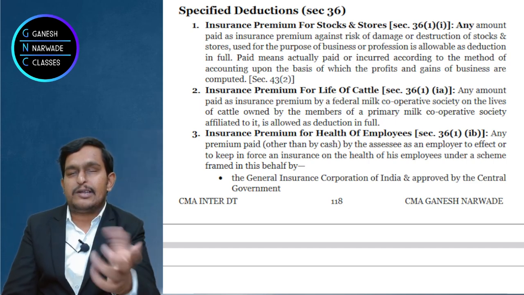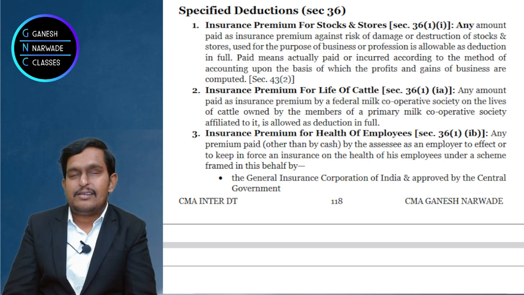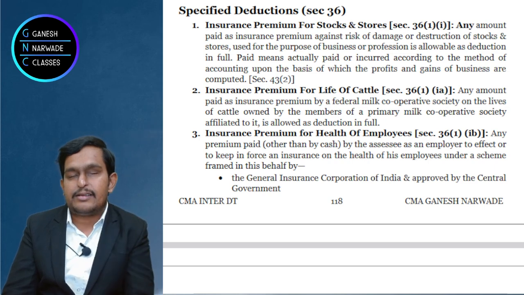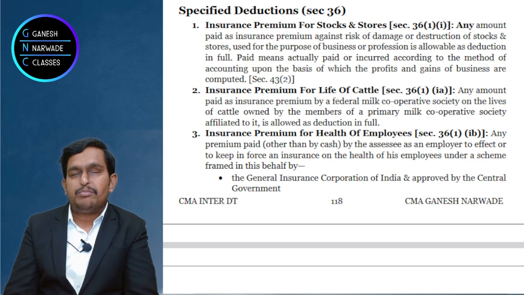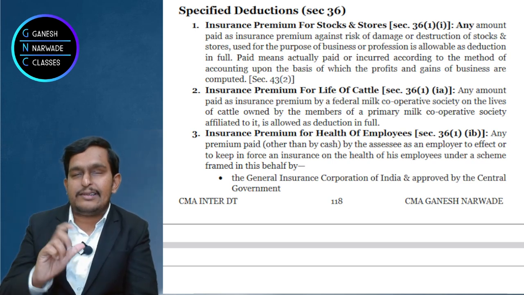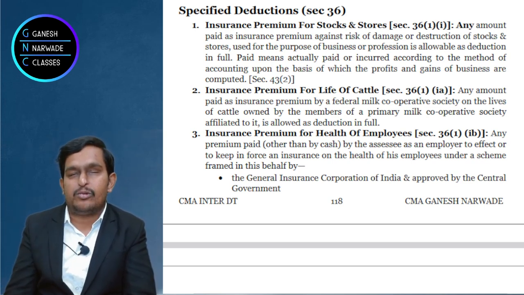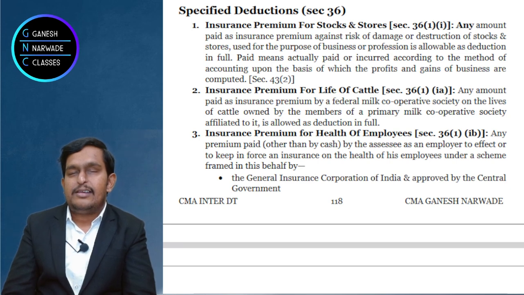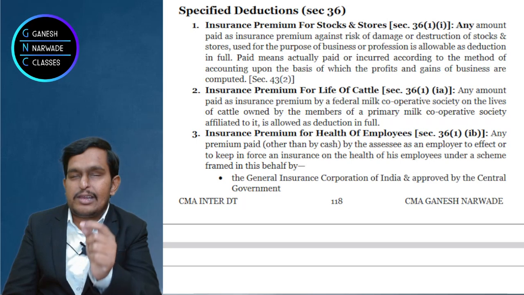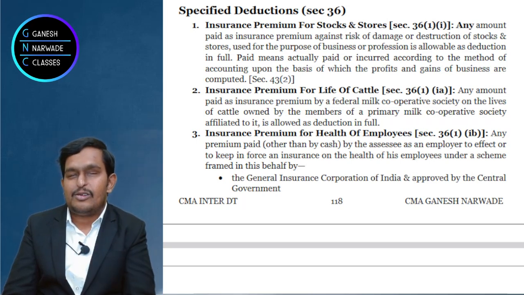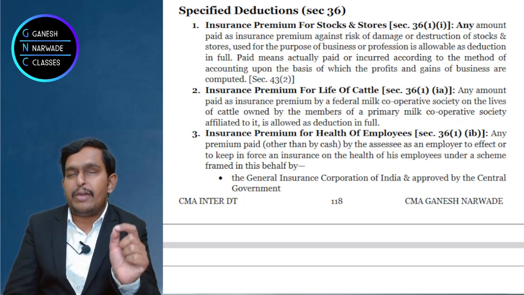Suppose you follow the cash basis of accounting, then insurance premium can be allowed only when you pay. That means actual payment is required to claim deduction. But if your method of accounting is mercantile basis, accrual basis of accounting, then even if the insurance premium is due, you can claim the deduction. That's the meaning of paid here.